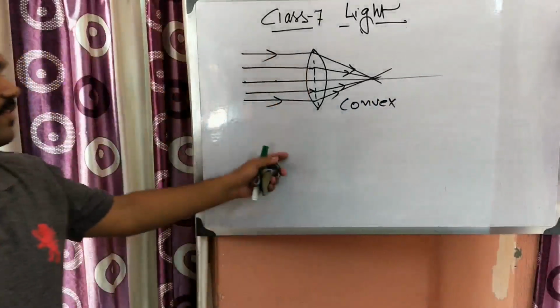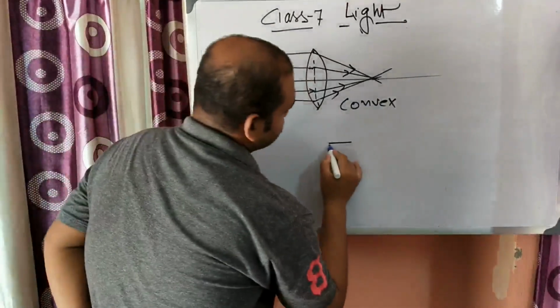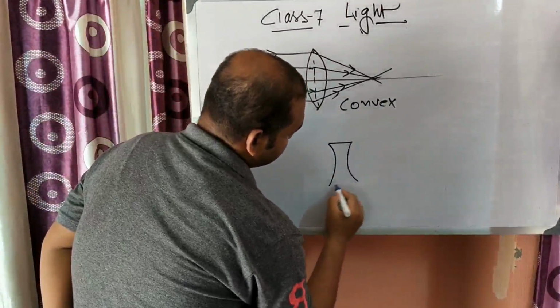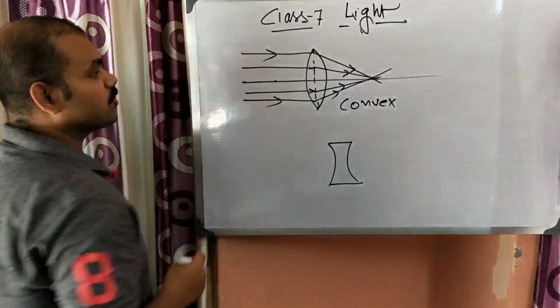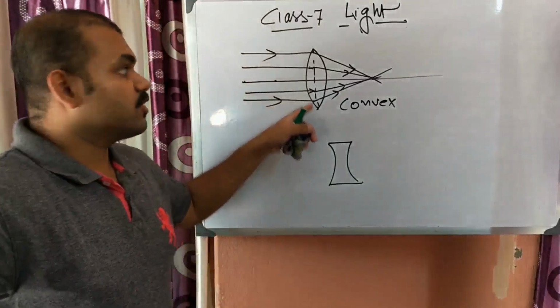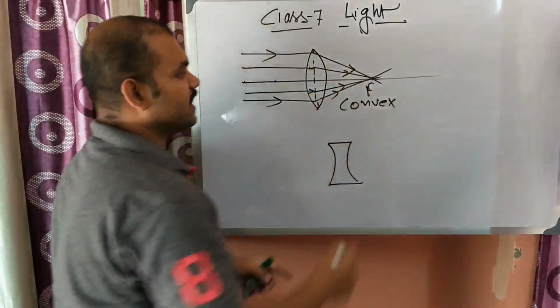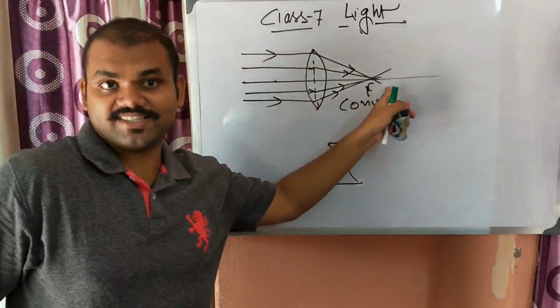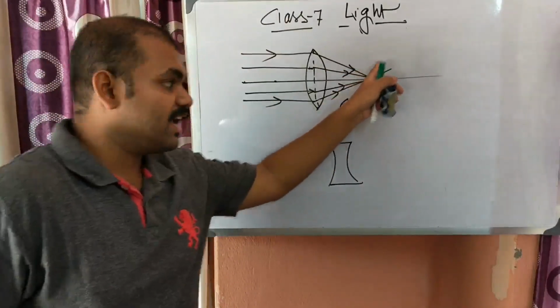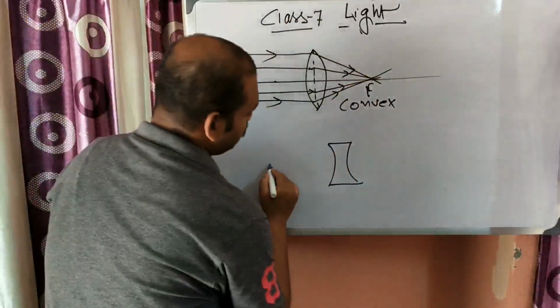And what is in case of a concave lens? Convex lens is also known as a converging lens, because all the rays meet at a particular point. So this is F. So this is the convex or converging lens, and this is known as a diverging lens. Do you know why?